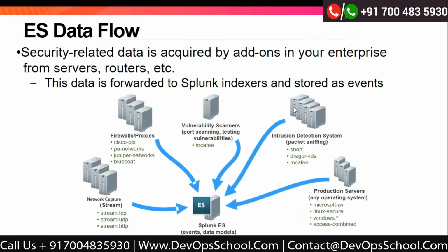That add-on can collect the data, do the right source typing, assign host names or source names, and push it to our indexes. On the indexers we have the app, and those apps help us publish the data into dashboards. So the best way to get data from any data source in Enterprise Security is using the add-on. If you already have a technology add-on built for a data source, just use it, and it is searchable on the Splunk page.